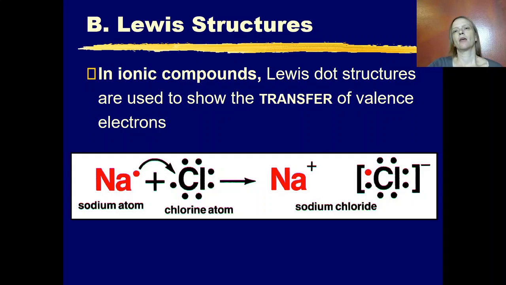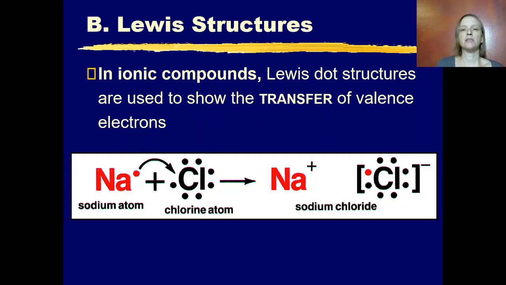So earlier this semester, we learned how to draw Lewis structures for individual atoms. We're going to start learning how to draw Lewis structures for compounds. And in an ionic compound, we're going to use these Lewis dot structures to show the transfer of electrons, the transfer of valence electrons from one atom to another.